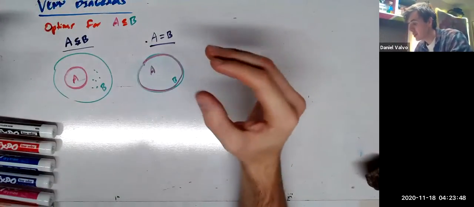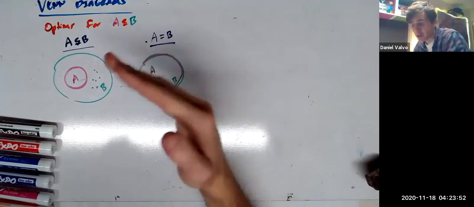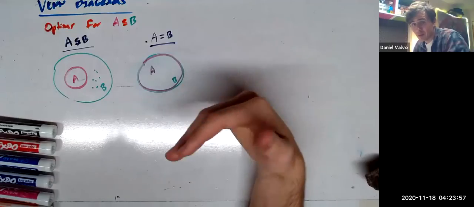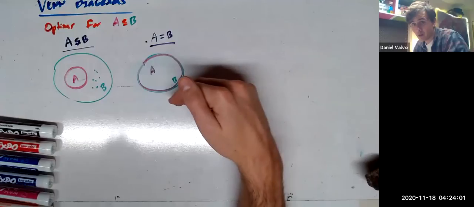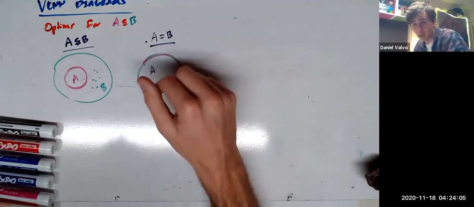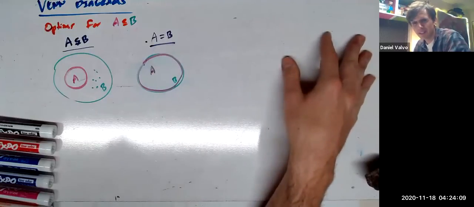The point is, these are your two options for being a subset. Either you're a proper subset or you're not. If you're not a proper subset, that means you're a subset, but also there's no element in B that's not in A. So that means it contains the whole thing. That makes sense?